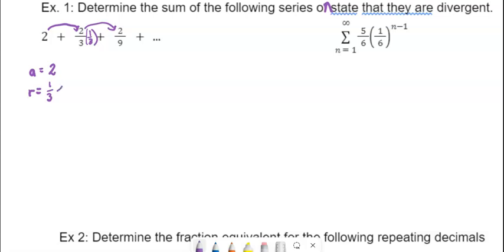Now that I know that 1/3 is my R and that's less than 1, I can calculate the limit of this series. So the limit of this series as n approaches infinity, as this goes on forever and ever and ever, is a over 1 minus 1/3.